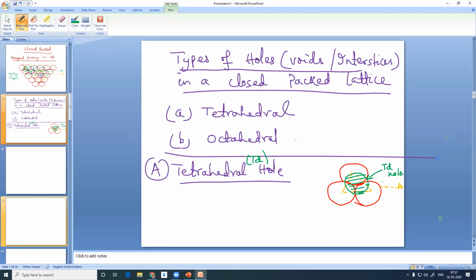The container is the sphere in the top layer, and the three mounds of earth form the three spheres of the bottom layer. The container is sitting over the groove, the cavity, the depression, and there is definitely a small space where we insert wooden fuels. That space is called the tetrahedral hole.